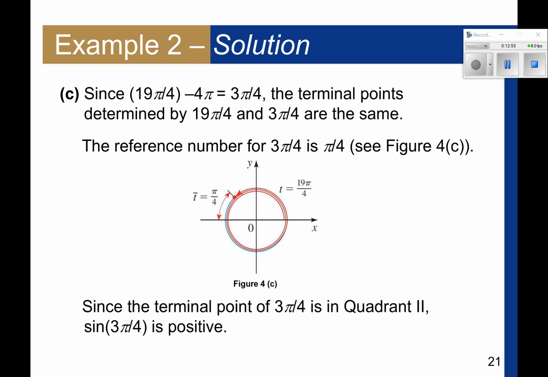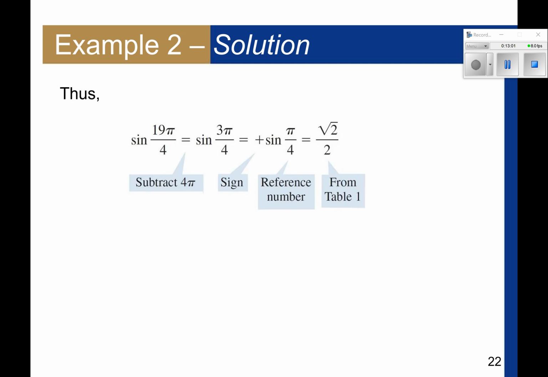Sine in quadrant number 2 should be positive. So for the sine of 3 pi over 4, it's going to be the same as the sine of 1 pi over 4. That's going to be positive square root of 2 over 2.